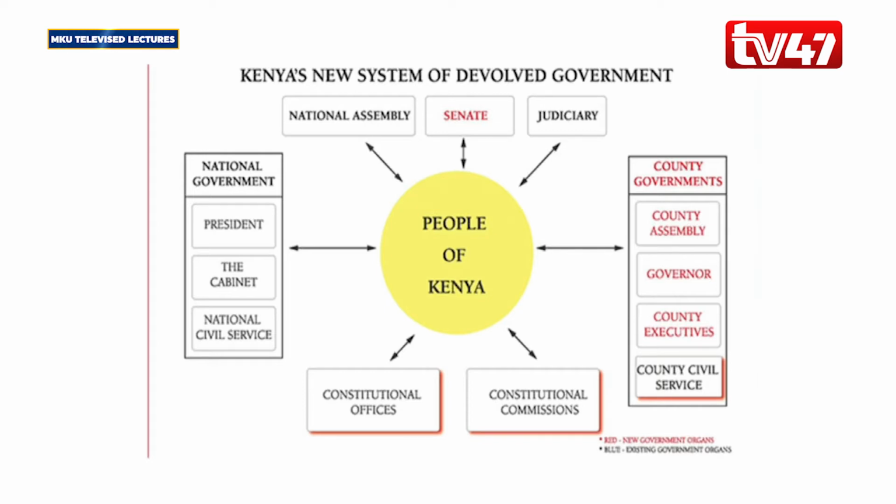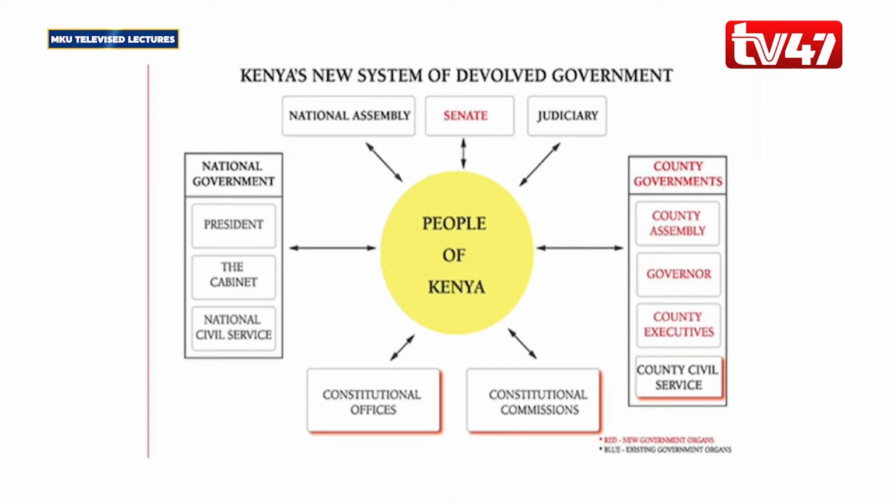We will see different units that have emerged. And these units include, at this side, the national government. The national government here is made up of the president and the cabinet that advises the president. And under the cabinet, there is what you call the national civil service, forming the national government.